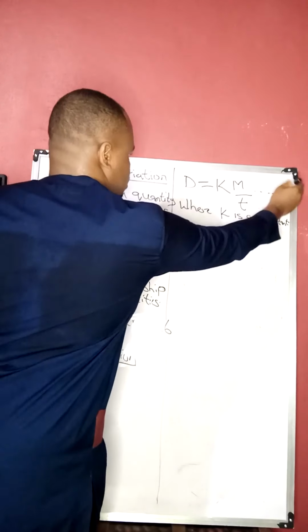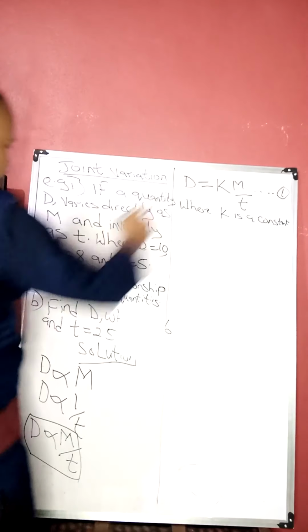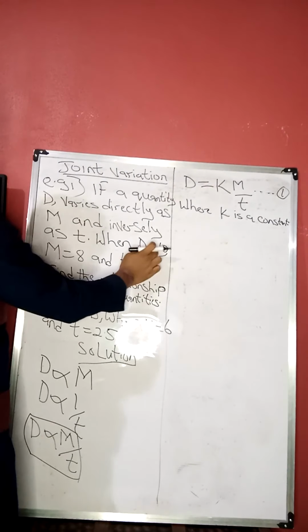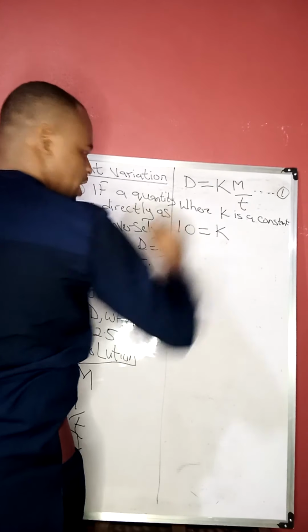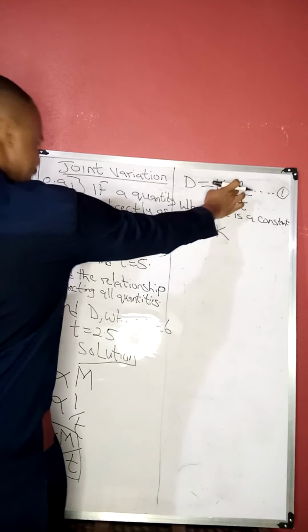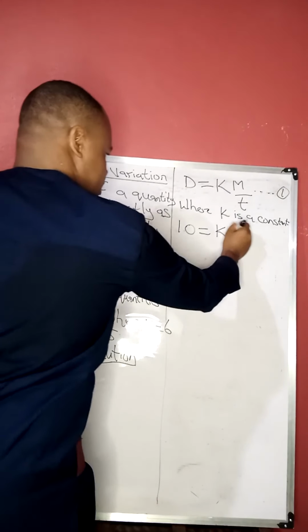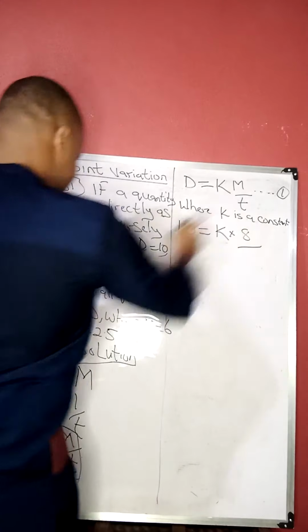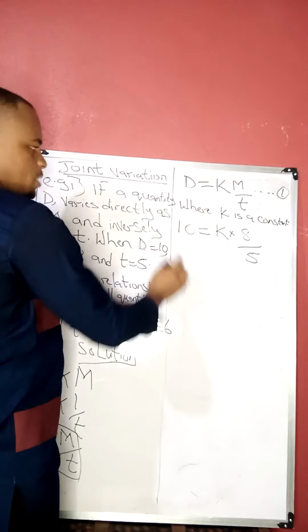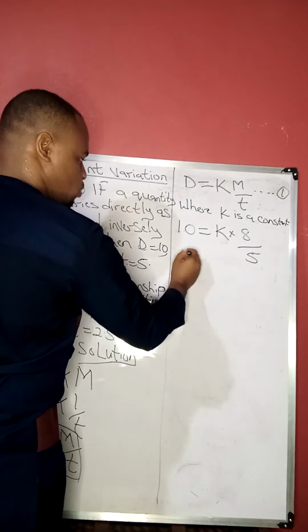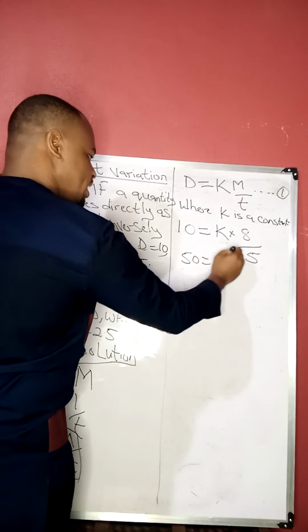Let's call this equation 1. Anywhere I see D, I put 10. 10 equal to K, my constant, which is what we are looking for, times M, my M is 8, over T, my T is 5. So I'll cross multiply. 10 times 5 is 50, equal to 8K.